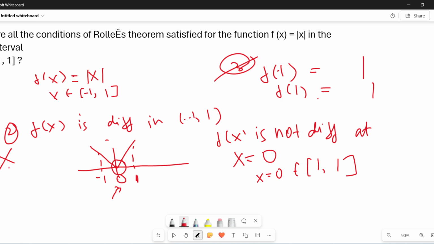Here the second condition is not satisfied, so Rolle's theorem is not applicable. Now we move on to the third problem.